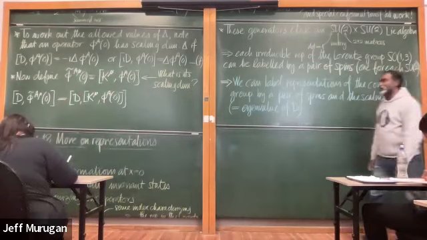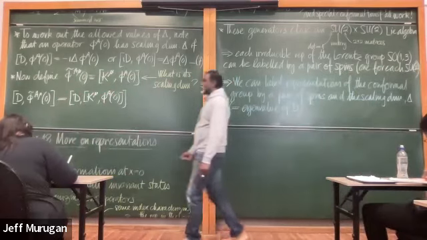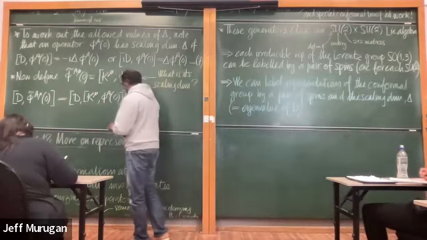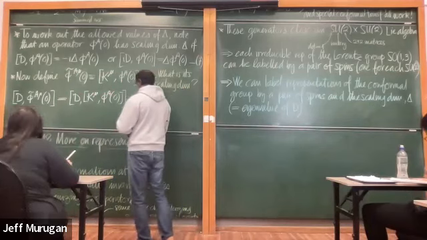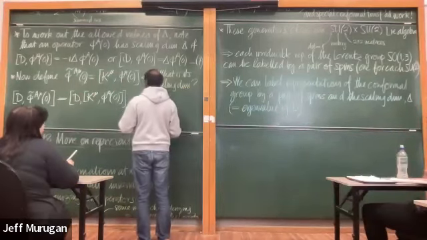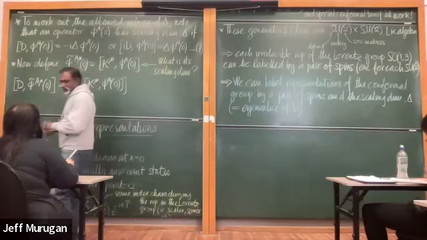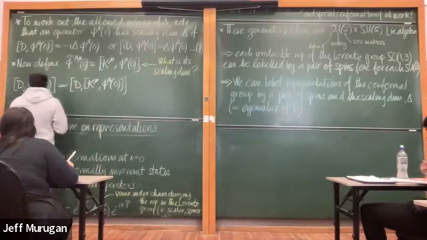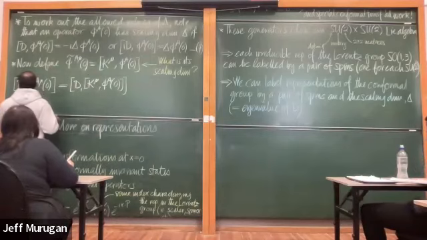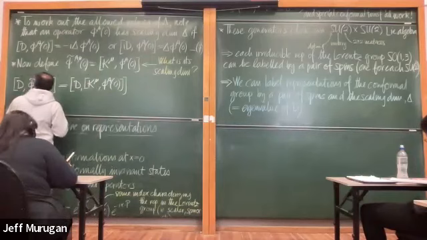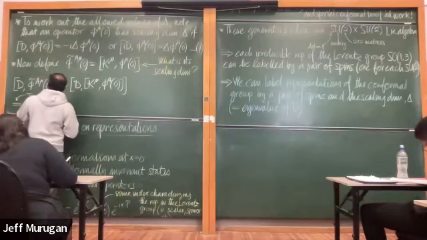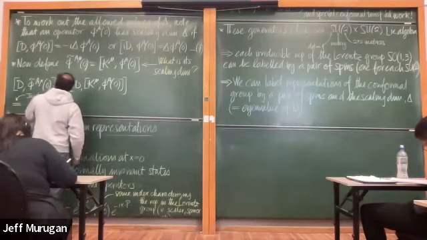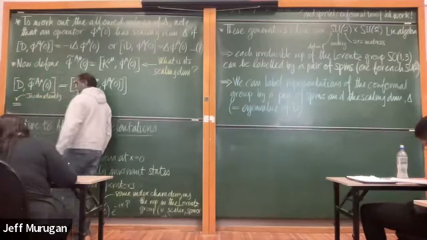And in particular, they obey a particular combination called the Jacobi identity.